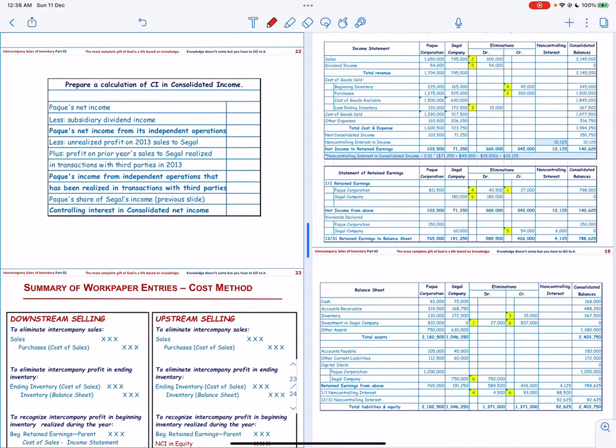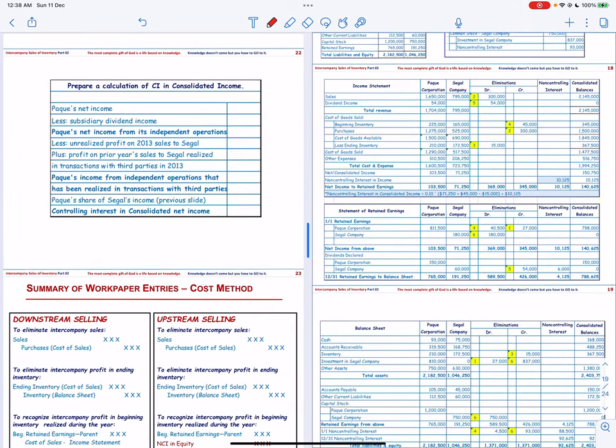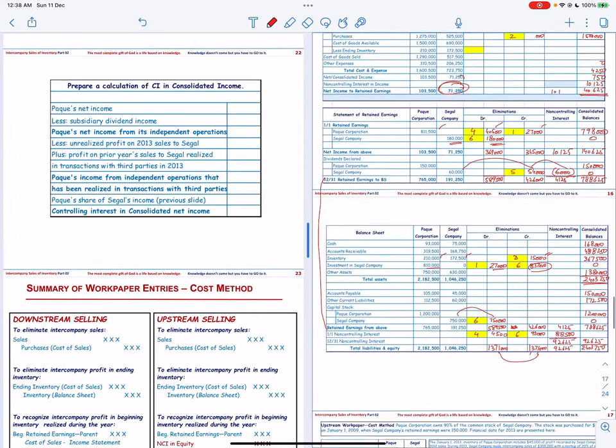Then they ask us to prepare the calculation for the controlling interest in the consolidated income statement, and for this we are going to look into P's net income, and P's net income was 103,500.